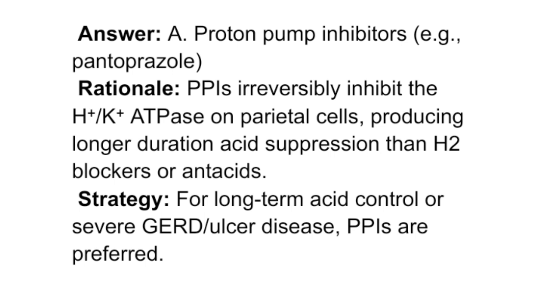Answer: A. Proton pump inhibitors, e.g., pantoprazole. Rationale: PPIs irreversibly inhibit the H/K ATPase on parietal cells, producing longer duration acid suppression than H2 blockers or antacids. Strategy: for long-term acid control or severe GERD/ulcer disease, PPIs are preferred.